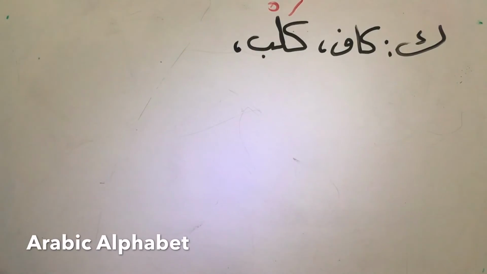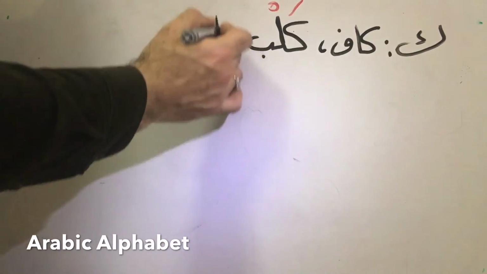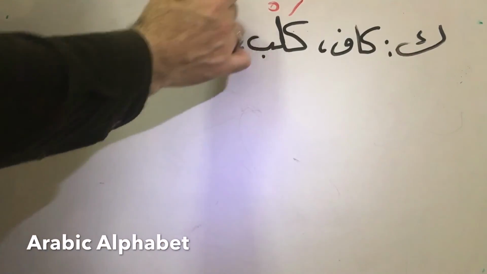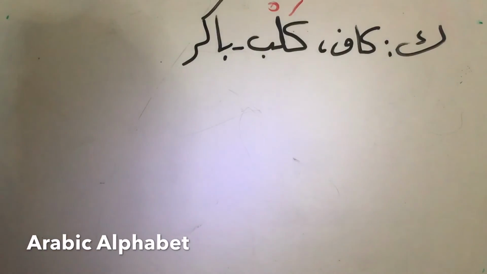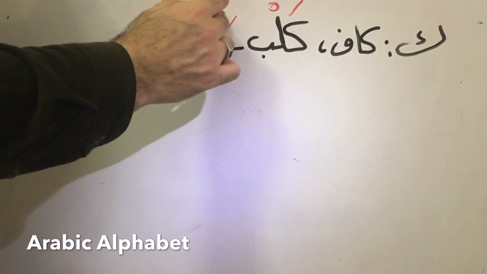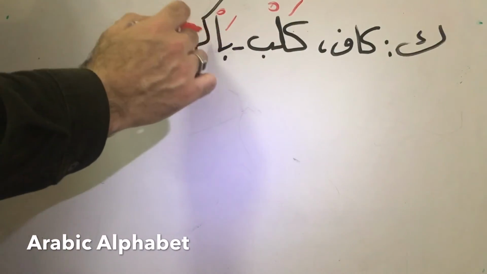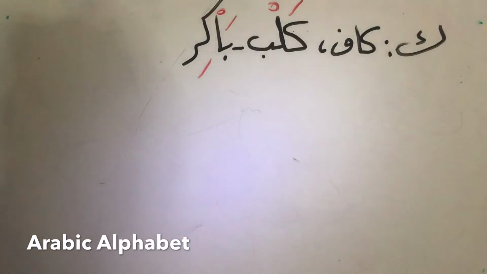An example of kaf in the middle of the word is like Bakir. Bakir means early. Ba fatha, alif sukun, kaf kasra. Bakir means early.